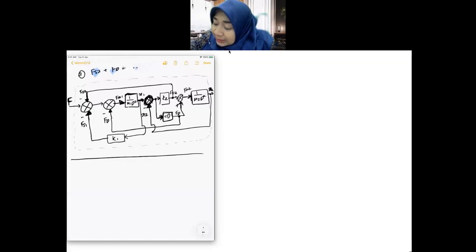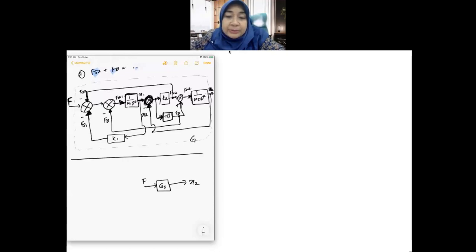So what happens is that block becomes the input and output. Let me just draw this again. I will have F as the input of my system, and then X2 is the output of the system, and I can then just write the transfer function of the plant as G(s).